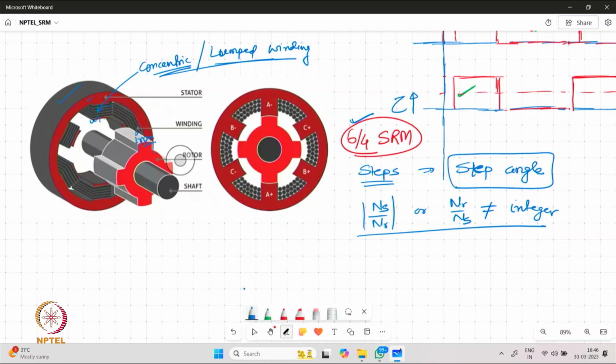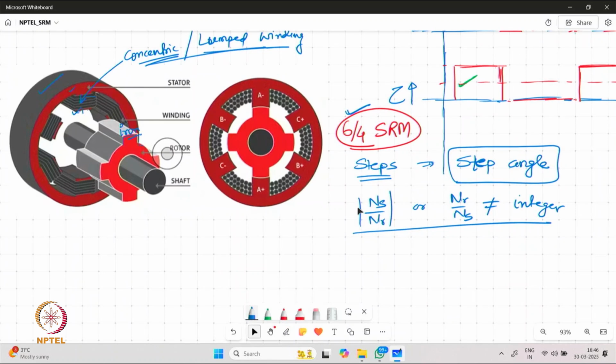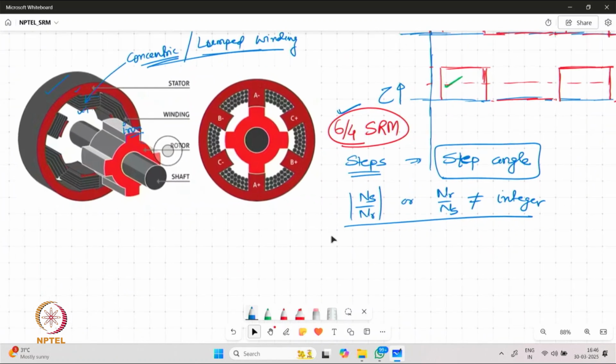So one way to compute the step angle, for machines which have a non-integer ratio for the number of poles, is the difference between the angles subtended by the stator and rotor poles.